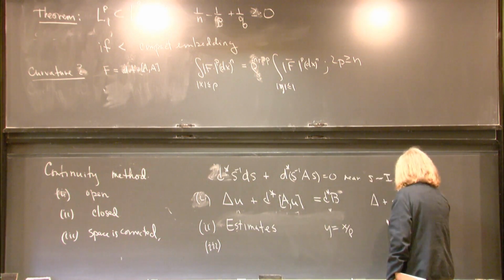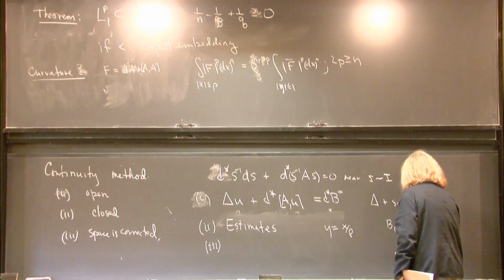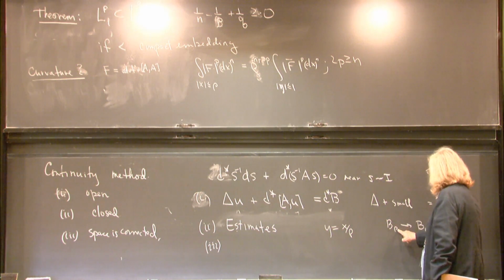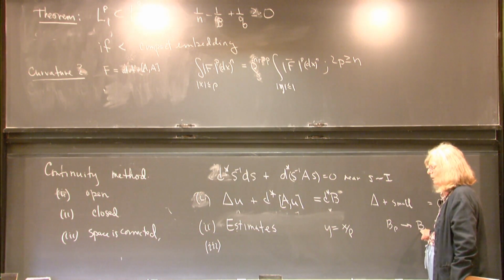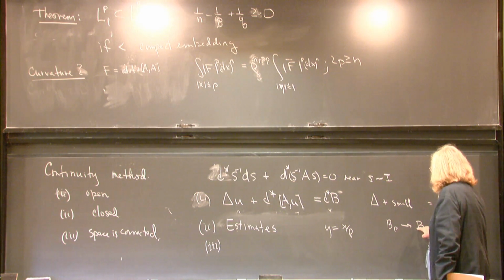And then the expansion by rho, that is, remember I said y was x over rho. And we look at a ball of radius rho, and we transfer the problem to a ball of radius 1, and we solve the problem on the ball of radius rho by solving it on the ball of radius 1.